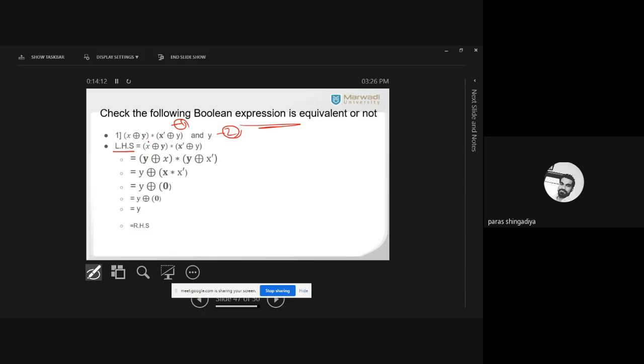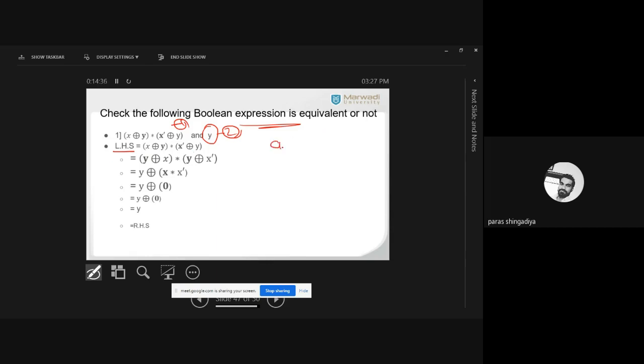Okay, that is given. So now we require y only from this step. Okay, so how can we derive the y only? So here we'll use some technique in which step we can apply some rules. Okay, so what rule is applicable here? x ring sum y star x dash ring sum y, in both y is common. Okay, x and x dash are different.